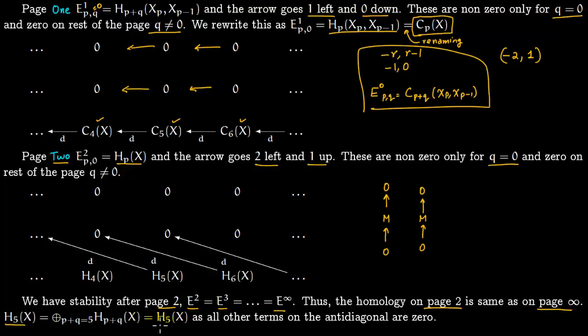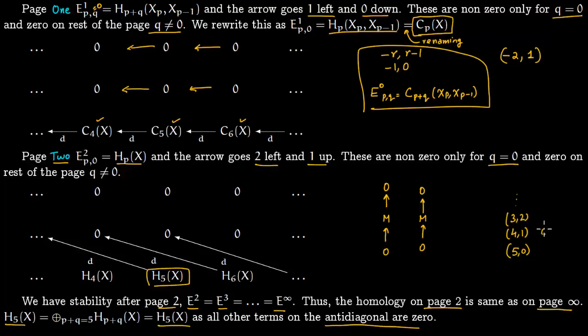But this is just H5 of X because all the terms on the anti-diagonal are 0 except this term. So on page infinity, we said that we take the term 5, 0, we also take the term 4, 1 because the indices add up to 5, then you take 3, 2 and so on.